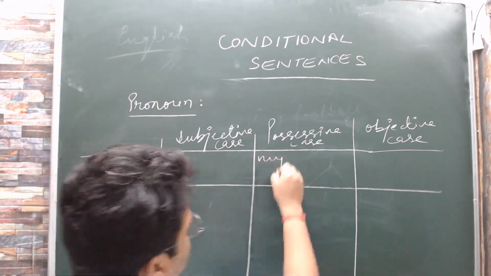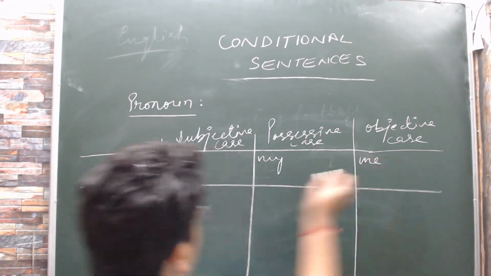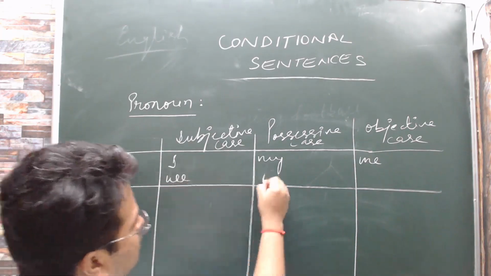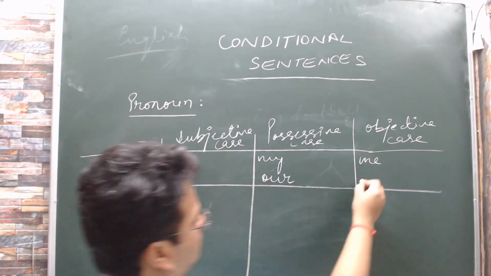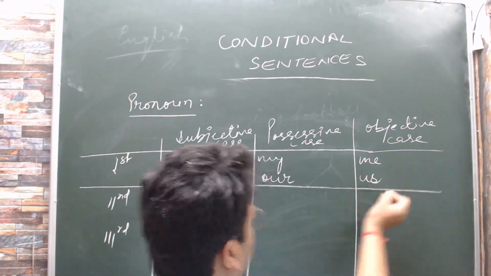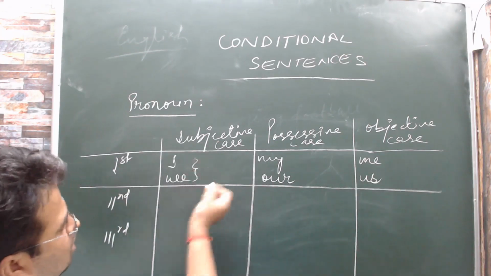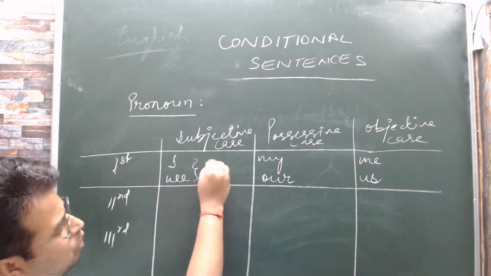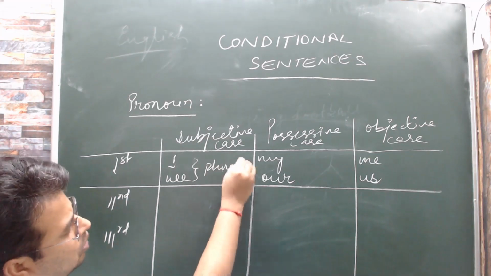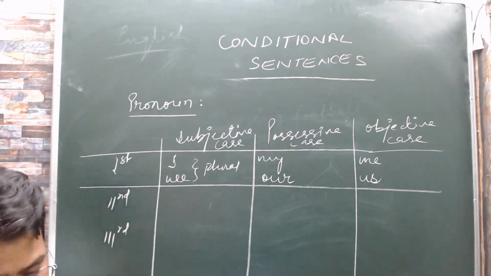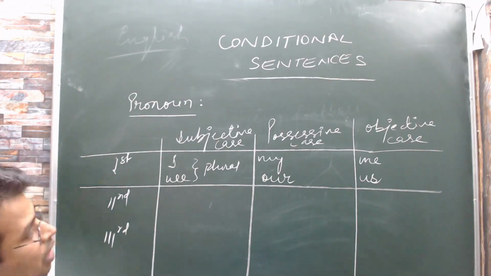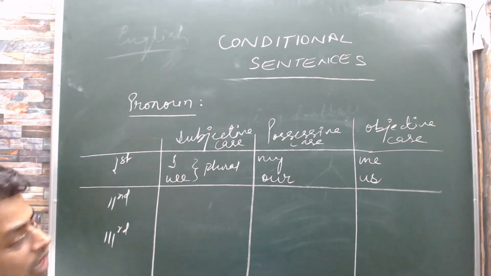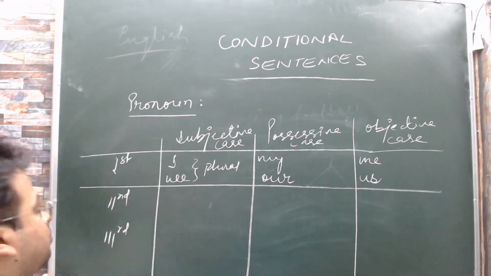So here, if you see, I, my, me, we, our, us. These two, I and we, are plural pronouns. So whenever we use I and we as the subject, we will take it as a plural subject.